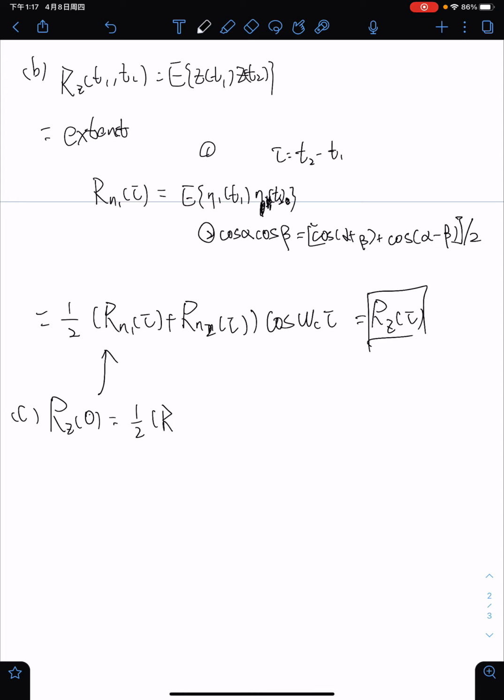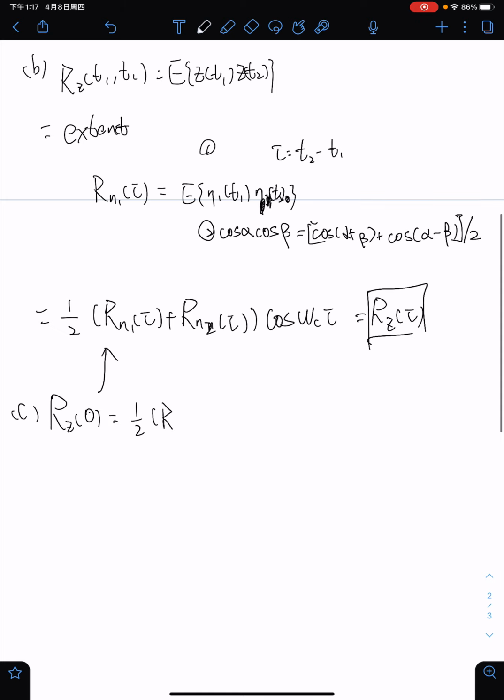Because tau is 0, we can write it, and this part cosine 0 is 1, so here times 1 we omit it.